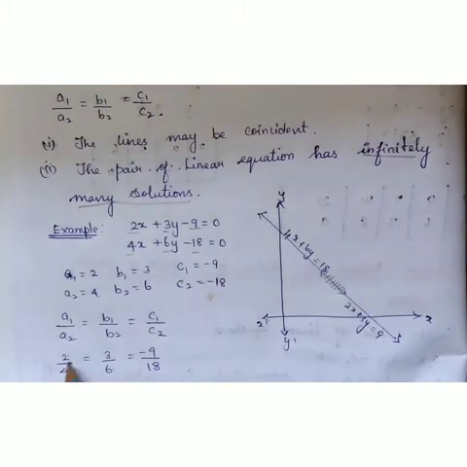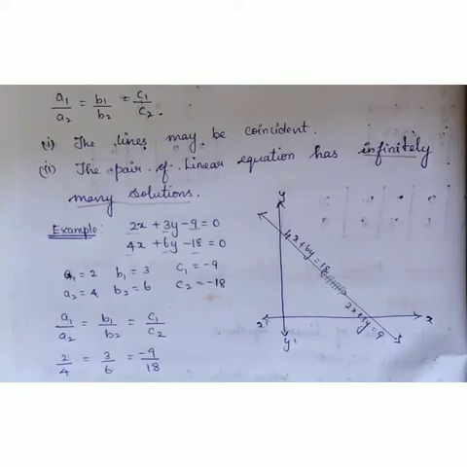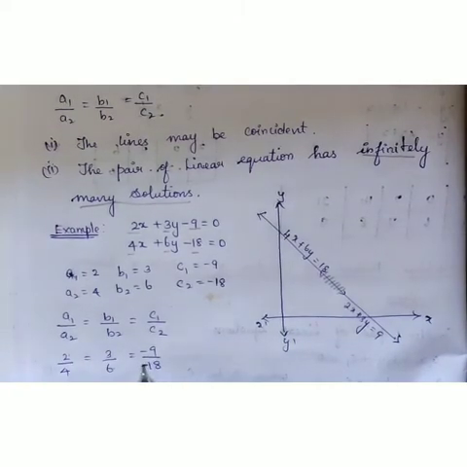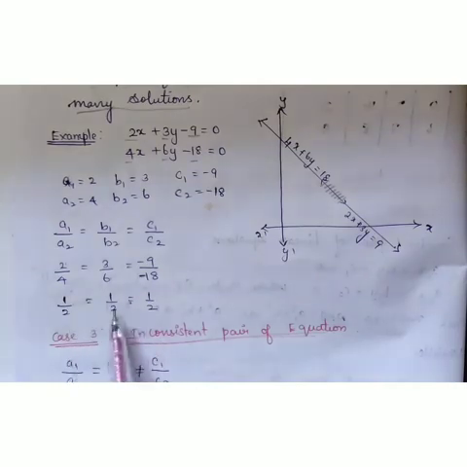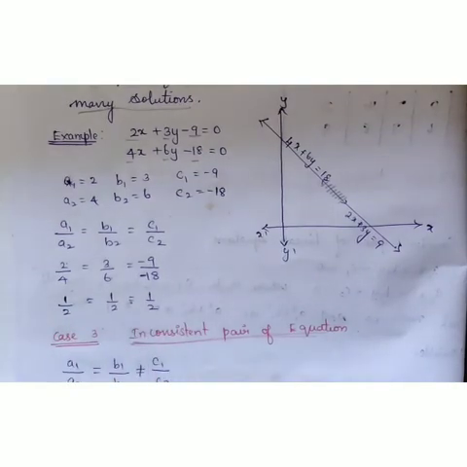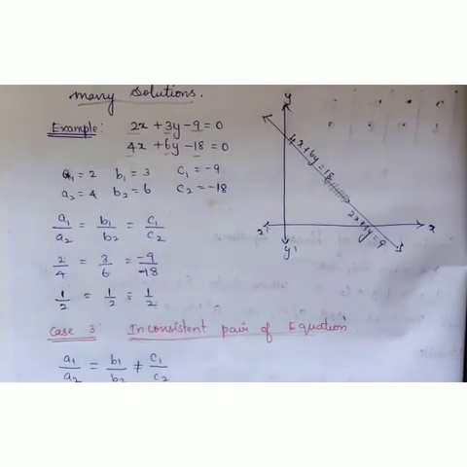If I cancel, I get 1 by 2 each time. See here, 1 by 2, 1 by 2, 1 by 2. All these three are equal, so I can say that it has infinitely many solutions. The two lines will coincide.